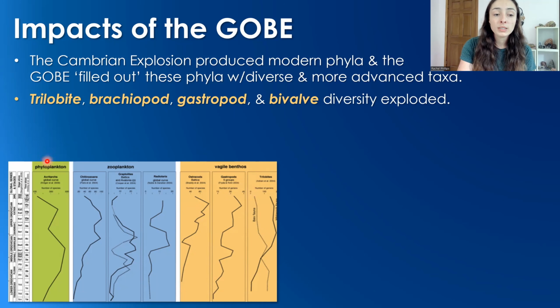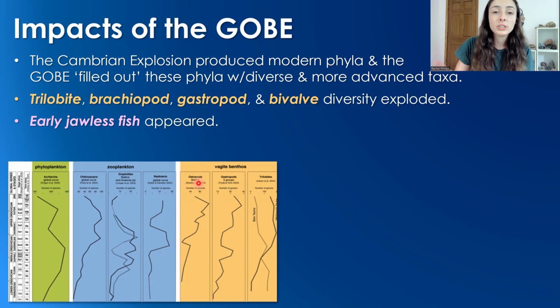So even though they had evolved by the Cambrian explosion, their diversity greatly increased over the biodiversification event in the Ordovician period. This is the graph I mentioned earlier that I would show later with the phytoplankton and zooplankton increases, and they all decrease at the end of the Ordovician along with the mass extinction event that happened there. But over the early to mid Ordovician, when this event was increasing the diversity of organisms, they were all increasing, as were things like gastropods, trilobites, and ostracods, which are a type of tiny crustacean.